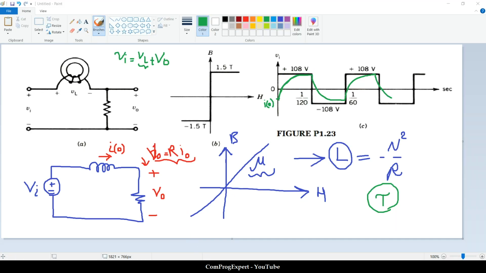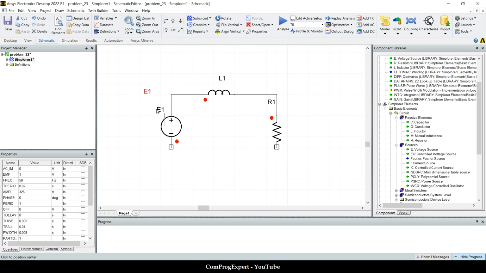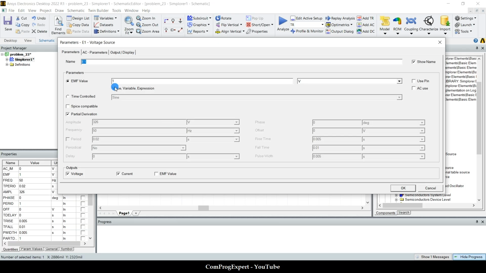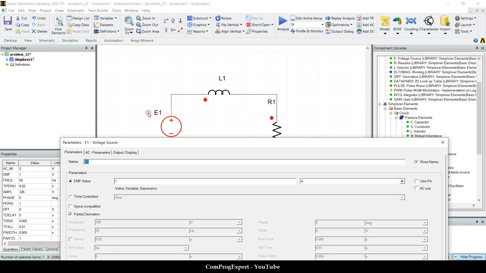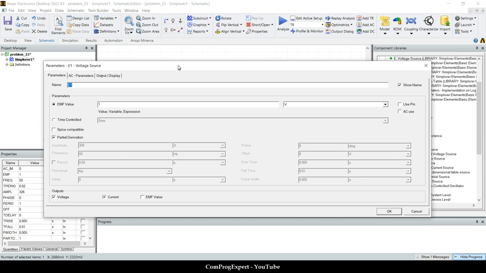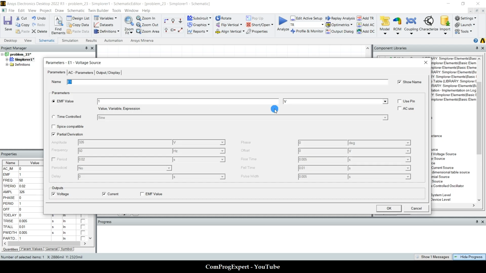How can we set the value of E? Here, this is the EMF value, the voltage of the input voltage that we have here. I am going to use a pin to set the value of this EMF.